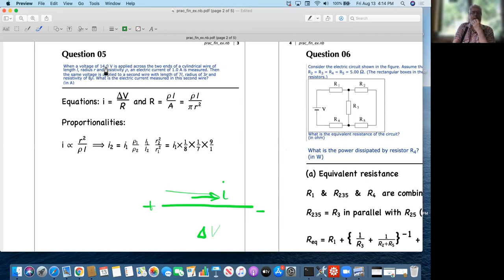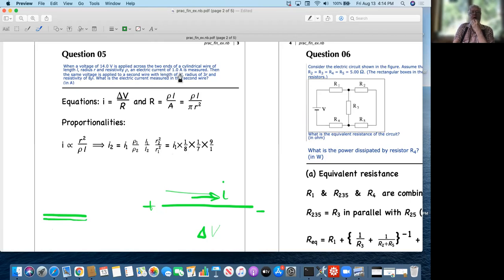Now you make a change. Now you change the length to 7L, the radius to 3R, and the resistivity to 8 rho. Now what's the electric current in the second wire, which will be longer and larger in radius?